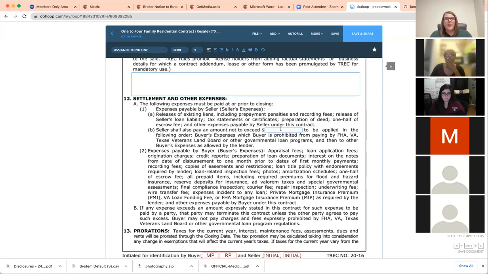So let's say that we're offering, most $800,000 clients are not going to ask for closing costs help, but some FHA, VA, USDA, assistance programs, they will need closing costs help. So you would put, let's say $5,000 here, and that means the seller is literally going to give $5,000 to the closing money on the CD.